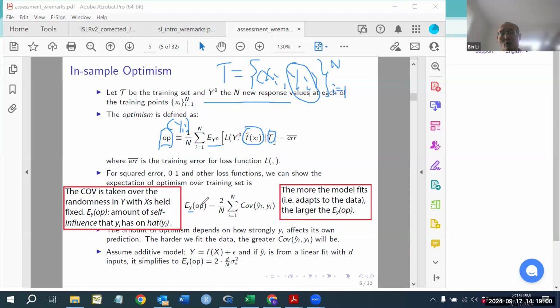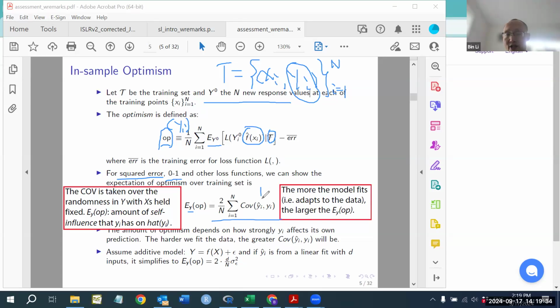Okay, so when you look at the expectation, you always need to be clear what the expectation is over. Is it over y0 or the y's here? That's tricky. It's still a random variable, but when we take the expected value over y, we can show the expected value is that, if the loss function is a squared error loss, or a 0-1 loss, and some other loss functions can also apply.